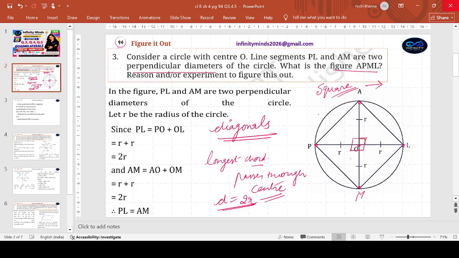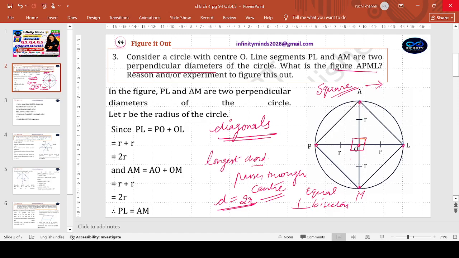They were already told to be perpendicular. What property do we know for diagonals of a square? That they are perpendicular bisectors. Diagonals of a square are equal and perpendicular bisectors.